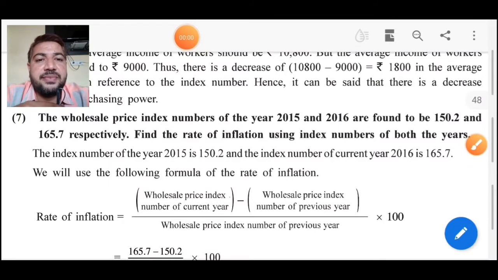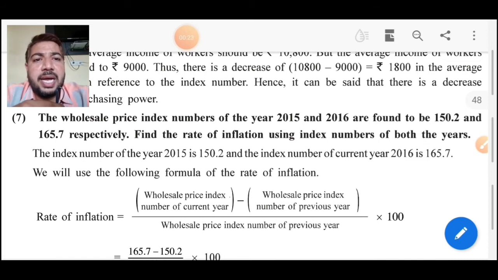So friends, here we have one more important question, question number 7 of illustration 24. The wholesale price index numbers of the years 2015 and 2016 are found to be 150.2 and 165.7 respectively. Find the rate of inflation using index number of both the years. So friend, in my last video I have given you some important formulas.